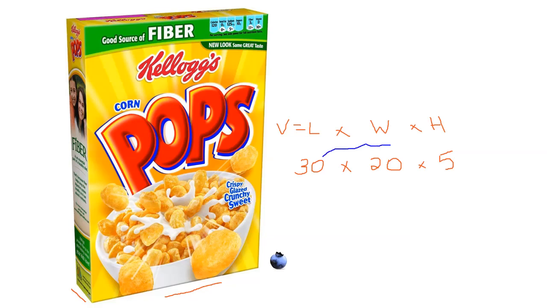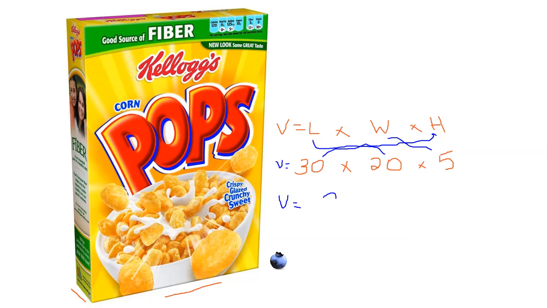So the fact that my height is 30 and my width is 5 and my length is 20, it doesn't matter. All we need to do is get the numbers written down. Volume is equal to 30 times 20 times 5. It wouldn't matter if we put 20 times 30 times 5 or 5 times 20 times 30. We're going to get the same answer. So I'm going to do 20 times 5 first because I know that's 100. And then I can multiply 100 by 30 in my head.